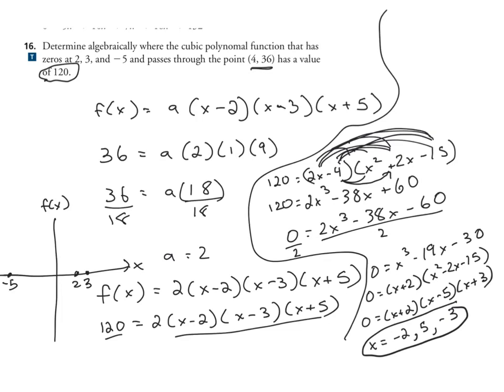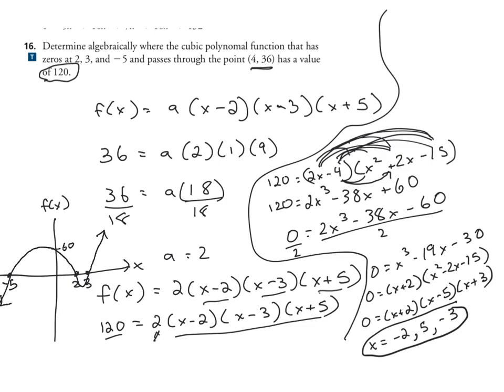And we have a leading coefficient that is positive, so it goes through there, and through there. I know the f of x intercept is negative 2 times negative 3, which is 6 times 5, which is 30. So 60, it goes through here at 60.